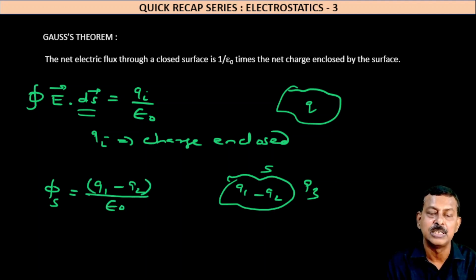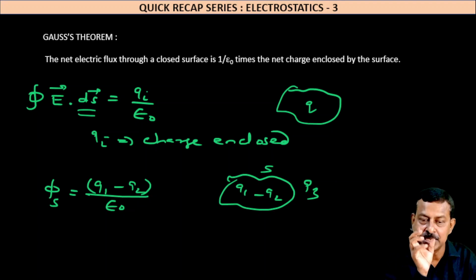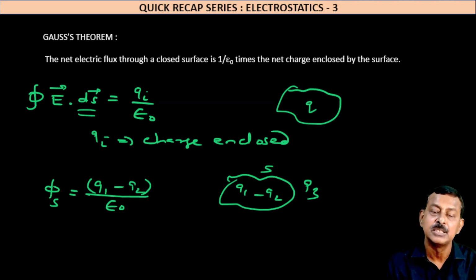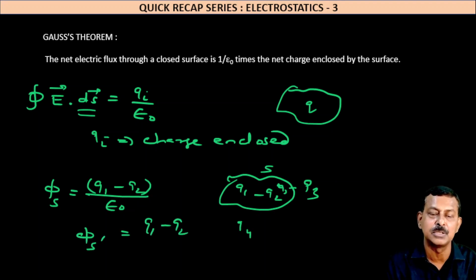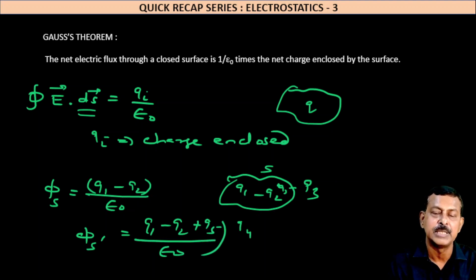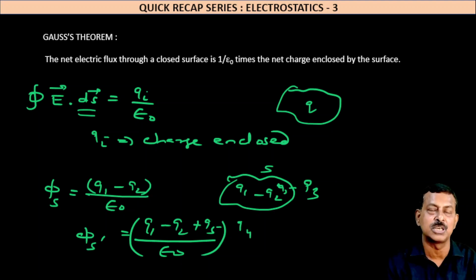It is the net charge inside the closed surface that we take. Suppose the charge q4 is also lying outside, this will also not contribute. But if q5 is lying inside, then it will be equal to q1 minus q2 plus q5 by epsilon naught. That will be the net flux through this closed surface.